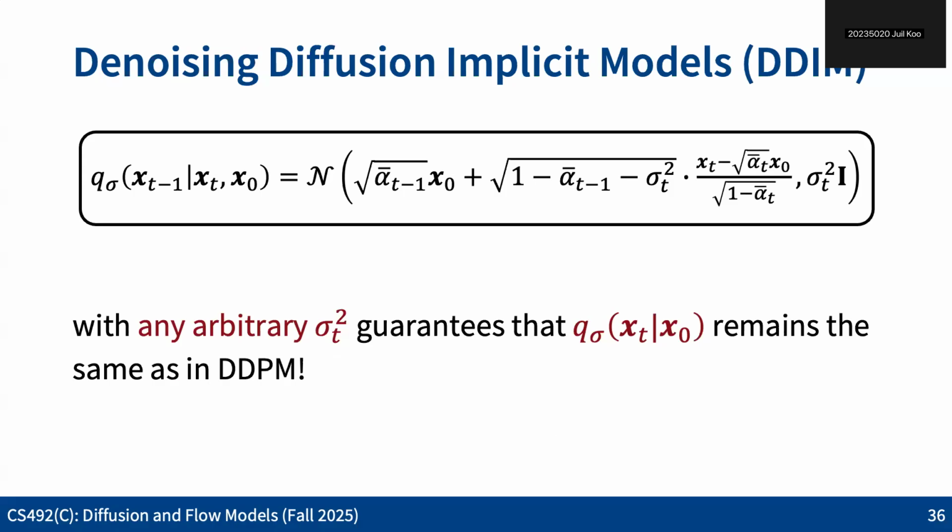Whatever the variance term you have here, this definition of the distribution will match the distribution of the DDPM. Which means that there is not only one way to make the non-Markovian process. Depending on what we choose here, we can make variations of the non-Markovian process.